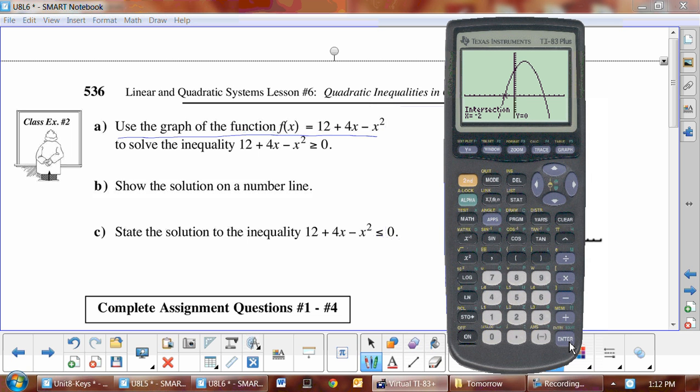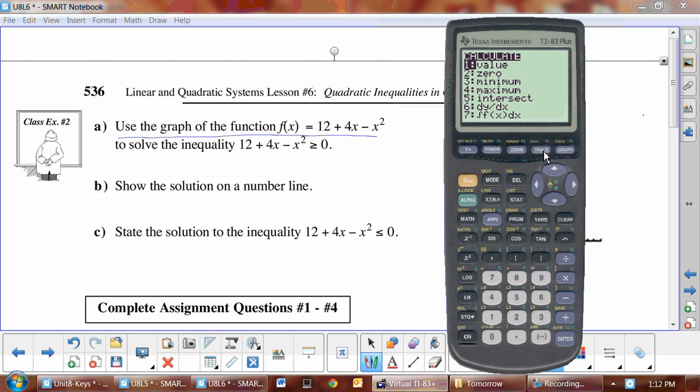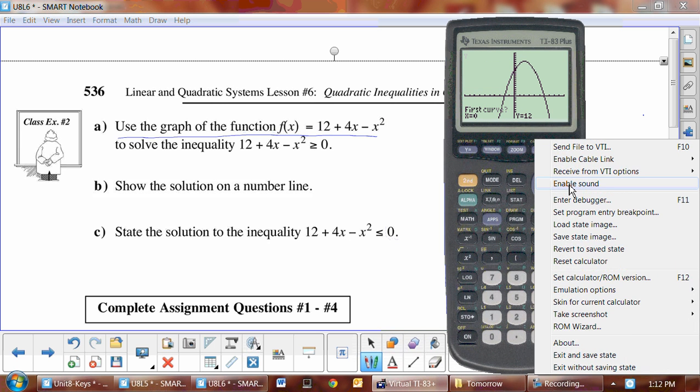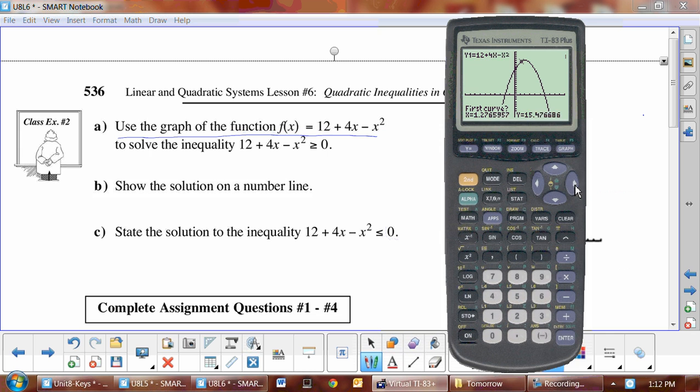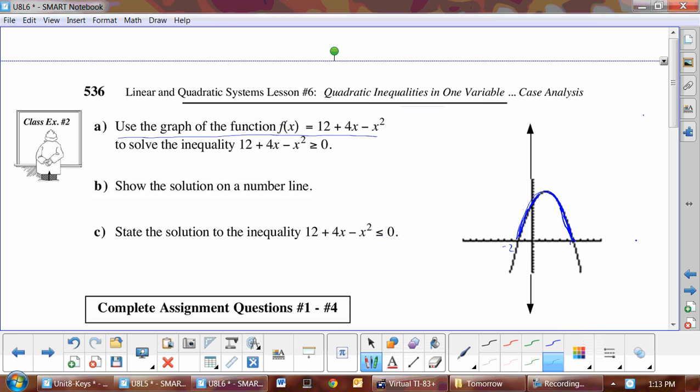Okay, so we know that our one x-intercept is -2. And then our other one, we want to scoot all the way over. And then we know our other one is 6. Okay?